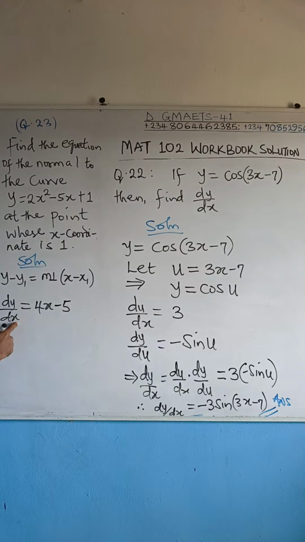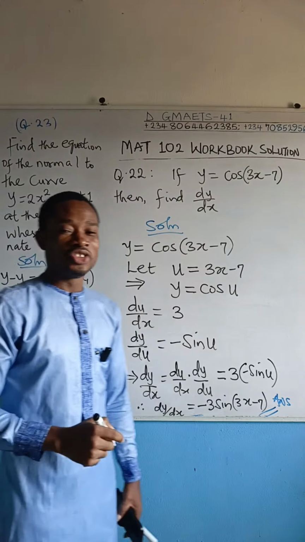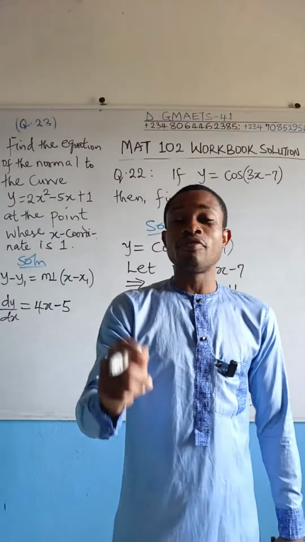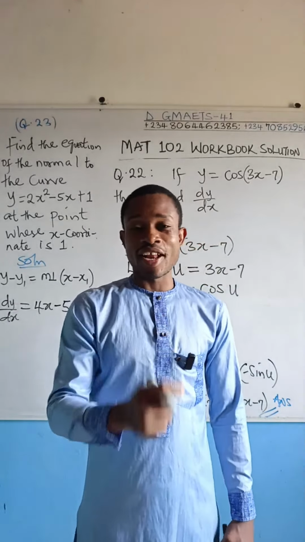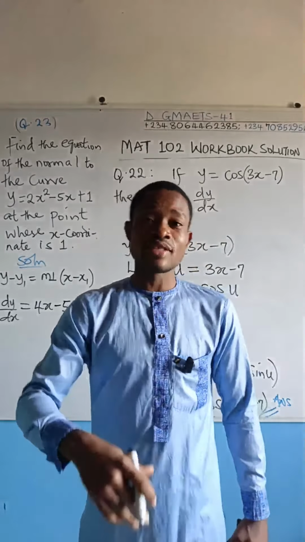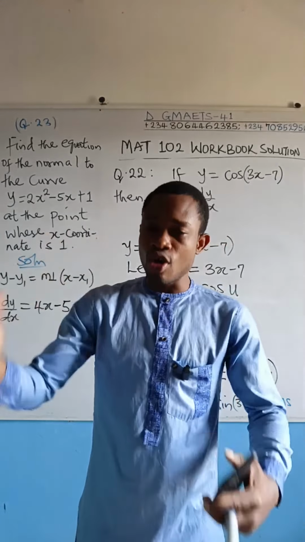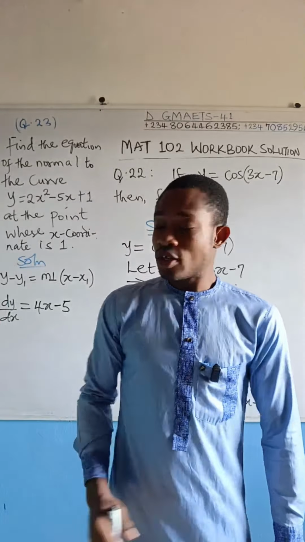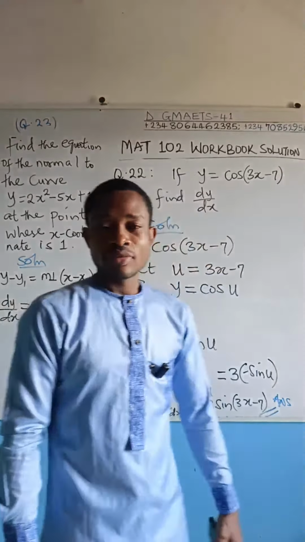Now, this dy dx is the gradient of the tangent line. I can simply call it the tangent, because a tangent is a straight line, and the gradient is the slope of that straight line. So dy dx here is our slope, our gradient.